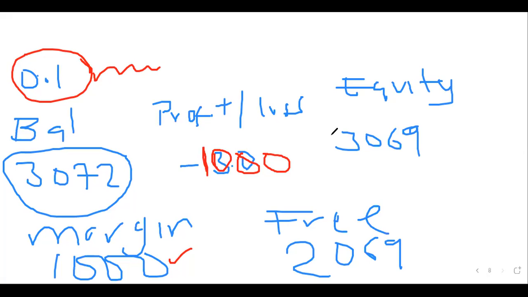Your equity becomes 2,000 here, right? And your free margin becomes 1,000 here, which means you can only open one more position of this because you have free margin. You have more allowance to take more trades.